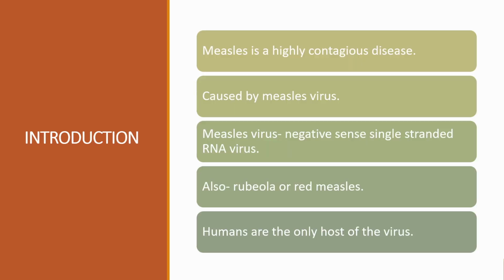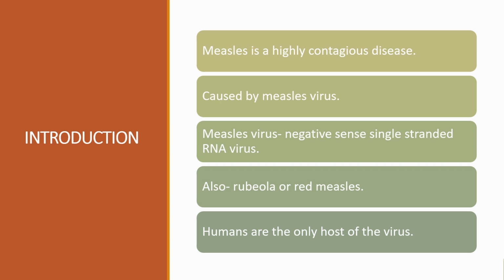So here I'm going to be talking about what measles is. Measles is a highly contagious viral disease that is spread through respiratory droplets. It typically starts with fever, cough, runny nose, and red eyes. It's followed by a widespread rash.